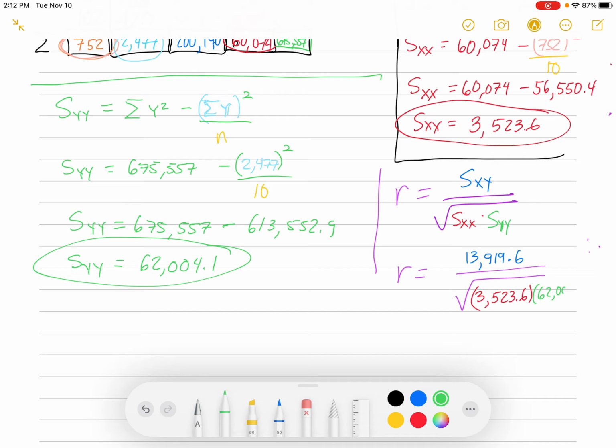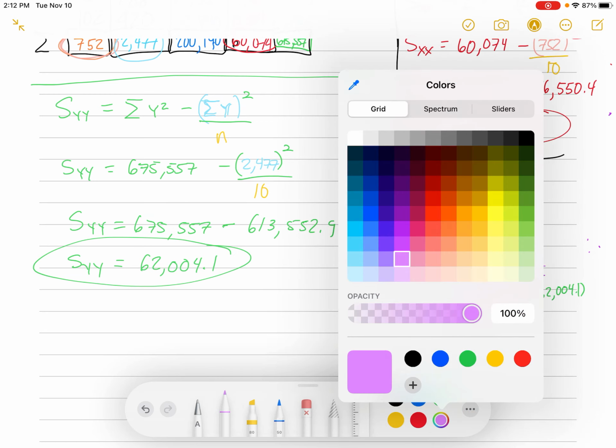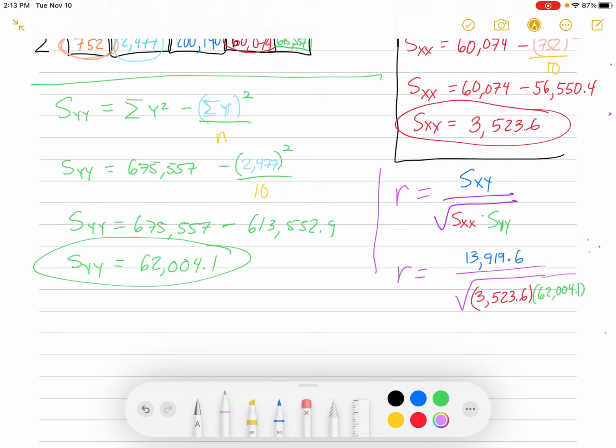It's going to be 62,004.1. Now let's calculate all this. I'll plug that in my calculator. 13,919.6 divided by the square root of 3523.6 times 62004.1.